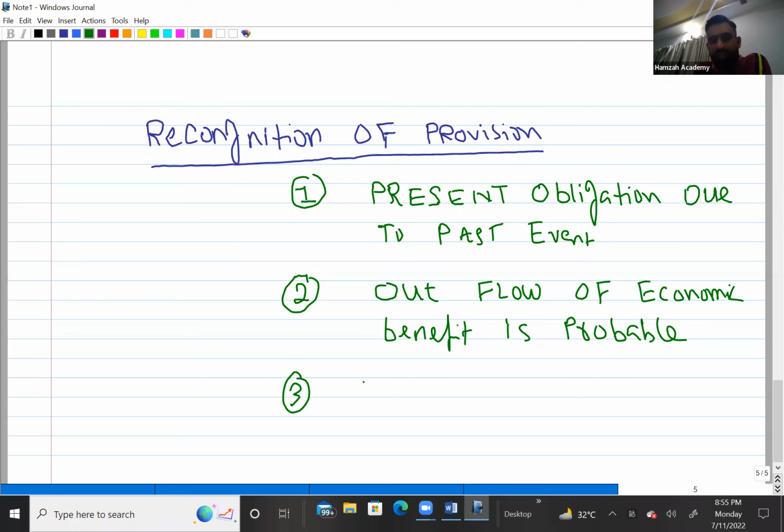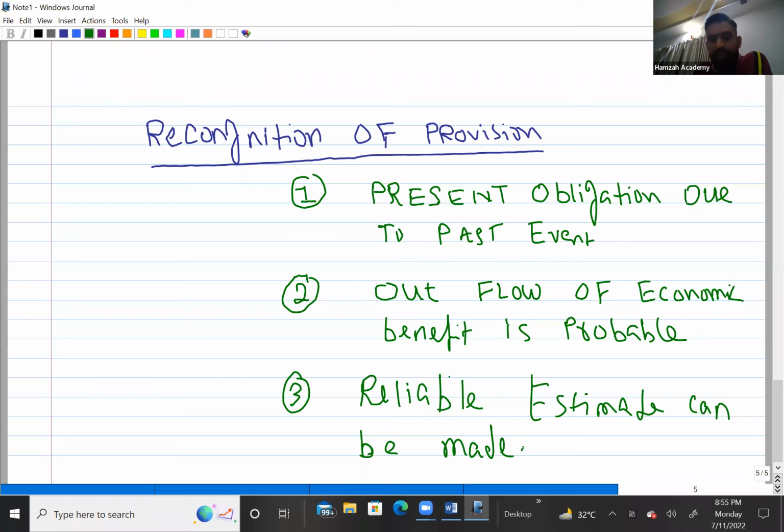And number 3, reliable estimate can be made.